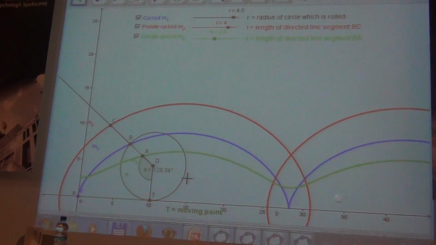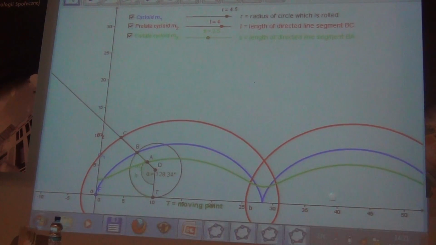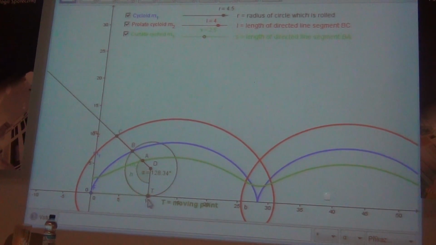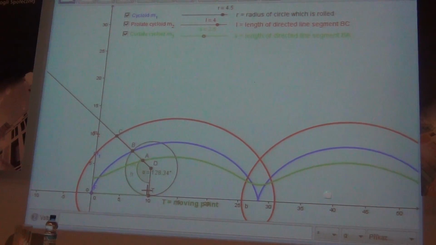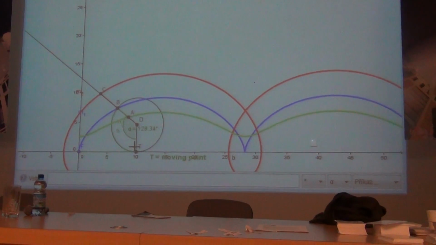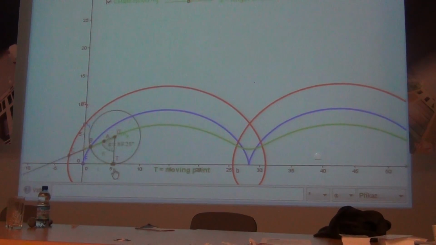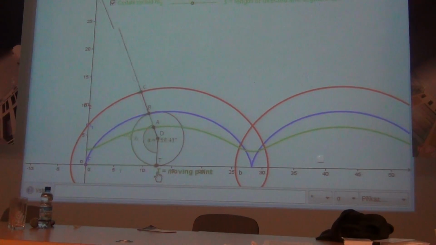Another example, a very typical example of geometric motion. The circle is rolling on the fixed straight line without slipping.